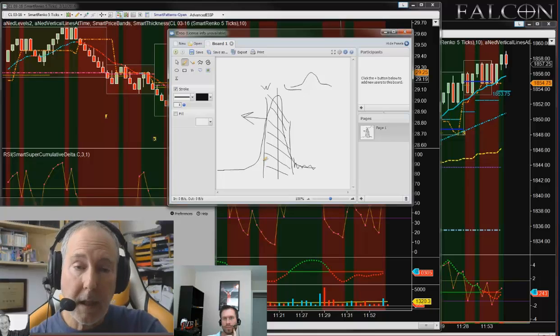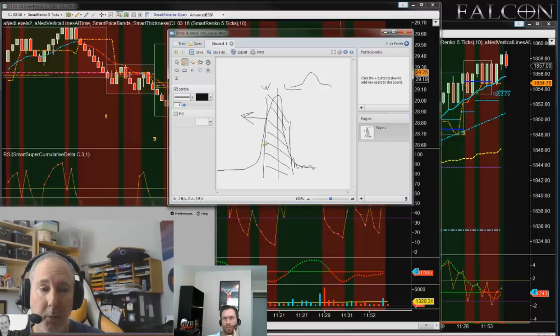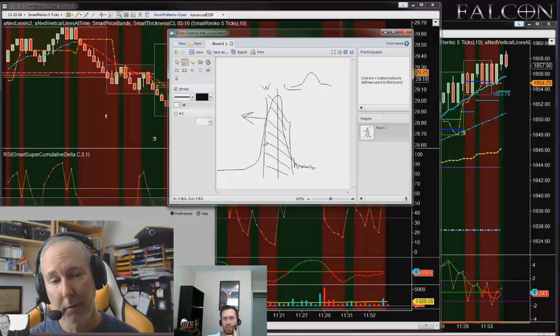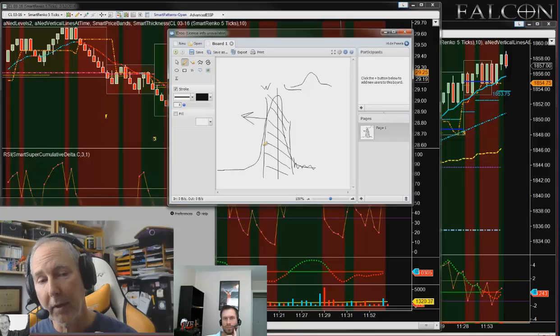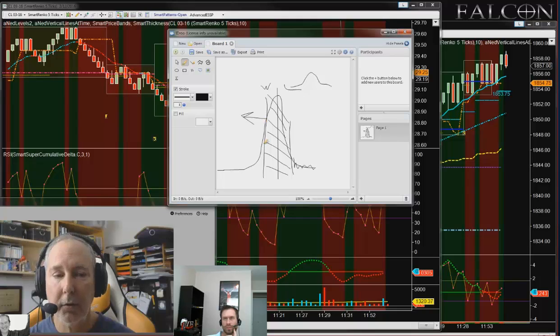So if you cut your runners off, which most traders do, we've already talked about that, I'm going to redescribe it in just a second. If you cut your runners off, which most traders do, you're a net zero trader at best.